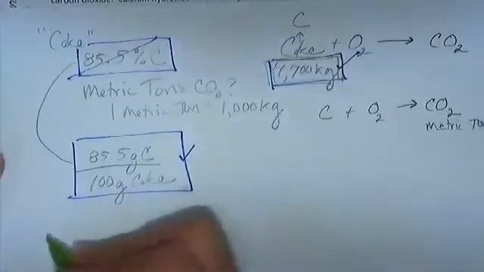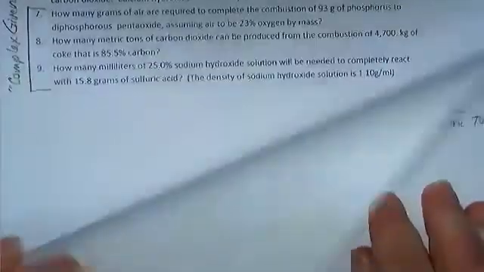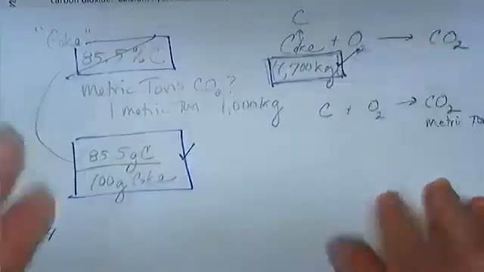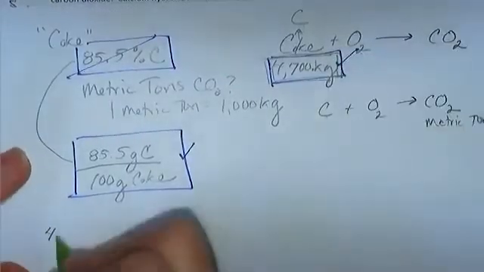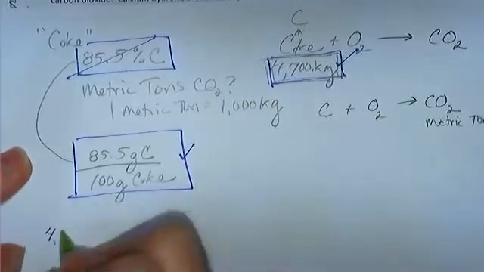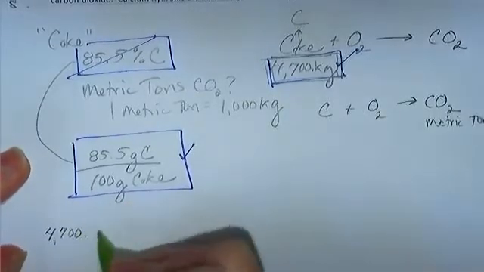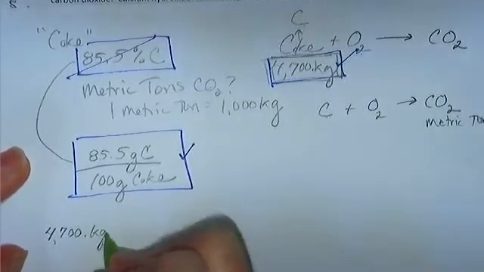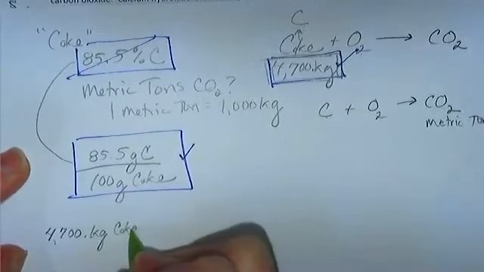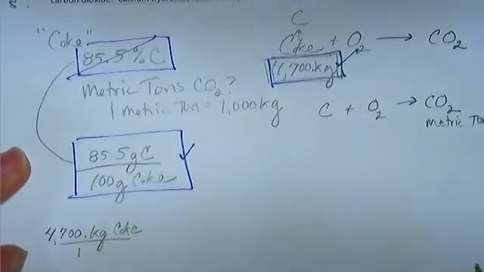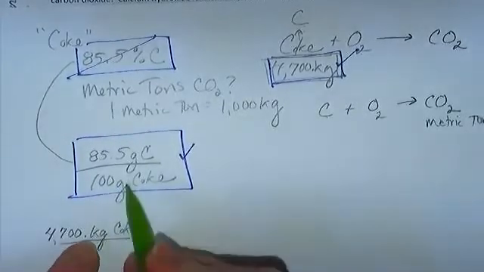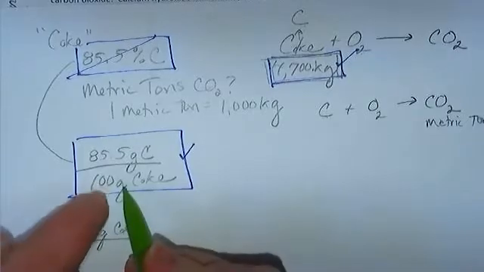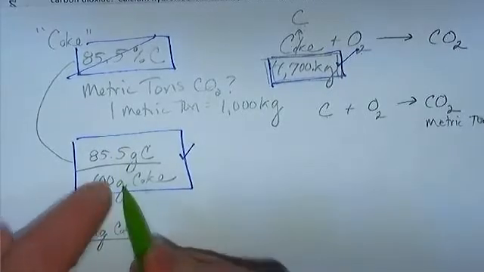So it's 4,700. Oh, and there is a decimal there, so I know I have 4 sig figs in this. 4,700 kilograms of coke. And if you want to put that over 1, I see right above, I have an expression per grams of coke.